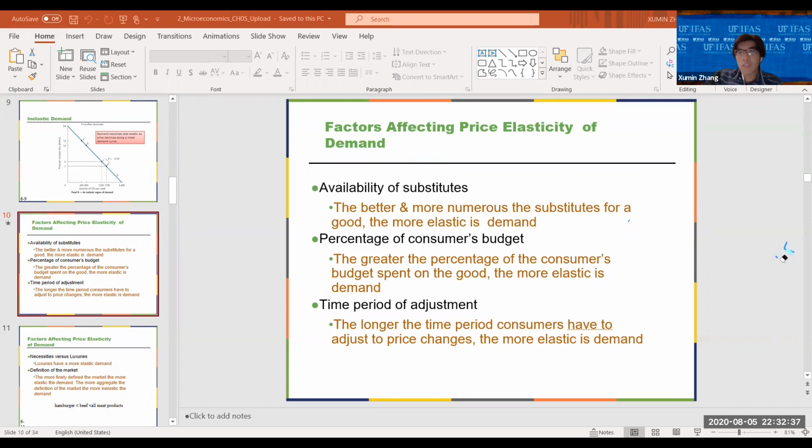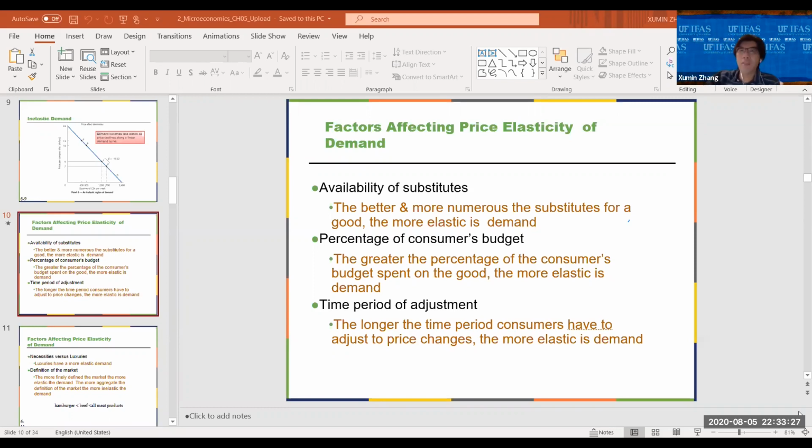What drives this elasticity? There are different factors that influence the price elasticity. First of all is the availability of substitutes. Just imagine we have many other things, for example pizza, hamburgers, those fast foods; there are so many choices, right?